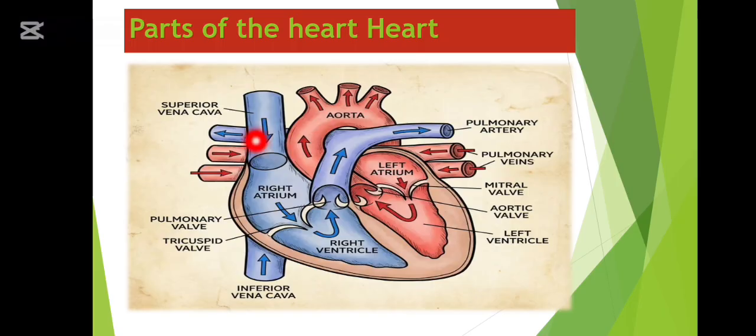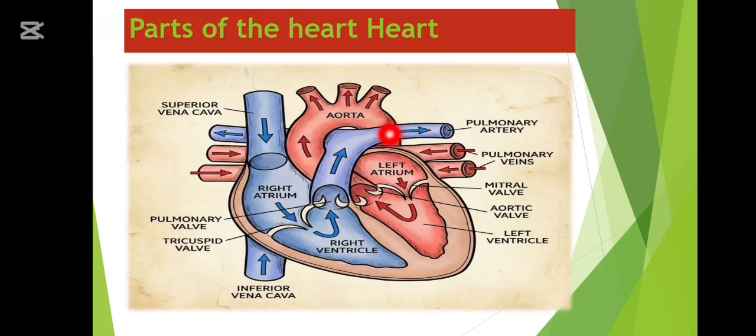Okay. So when we look at this, we are going to find that the heart receives deoxygenated blood from the upper part of the body and the lower part of the body using these superior and inferior vena cava respectively. Once it receives this blood, it goes into the right atrium so that it can go to the lungs using the pulmonary artery. This is the pulmonary artery.